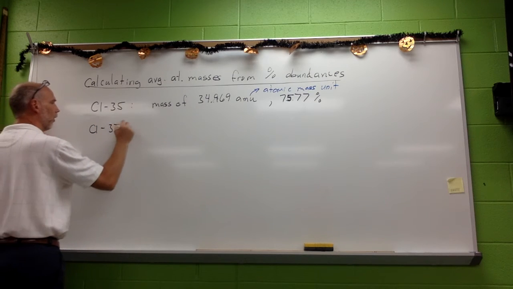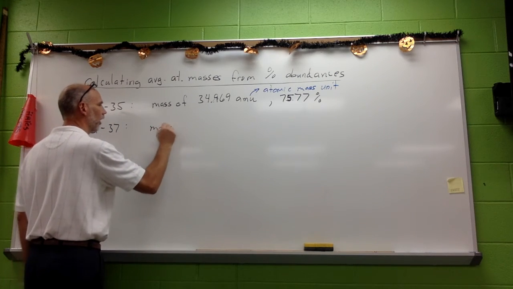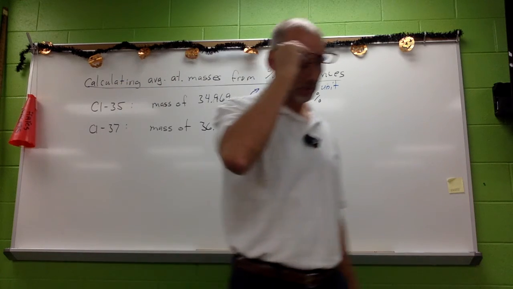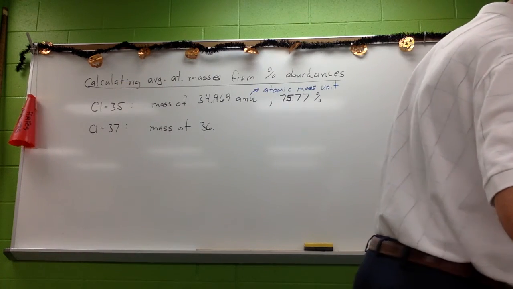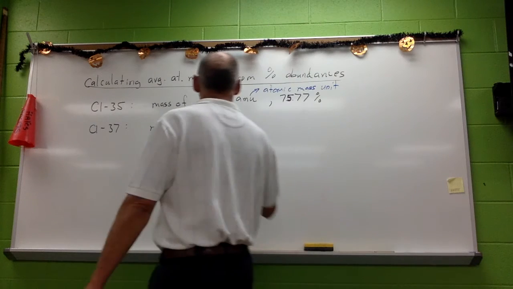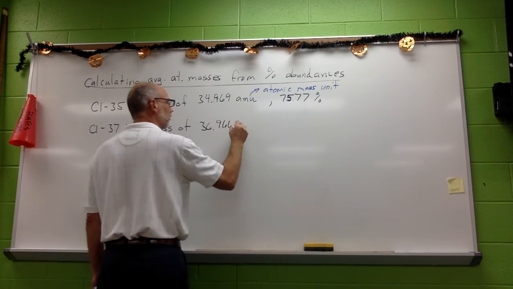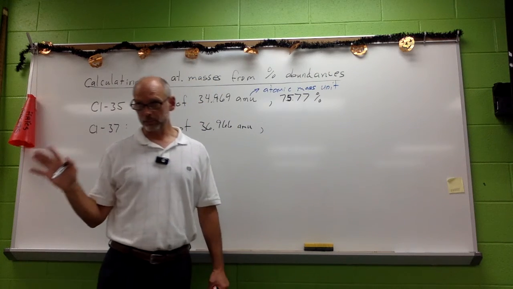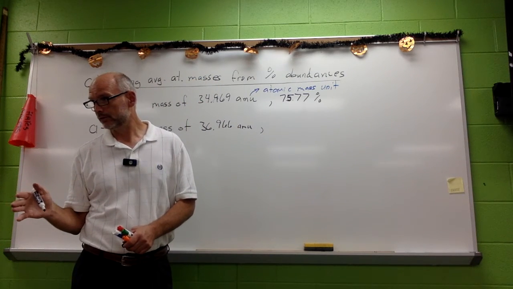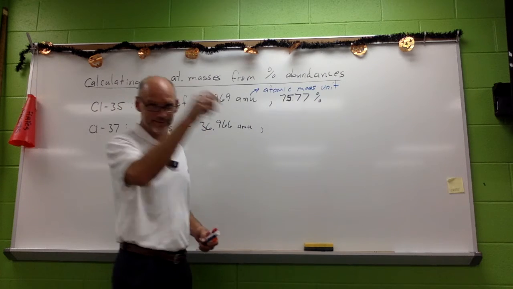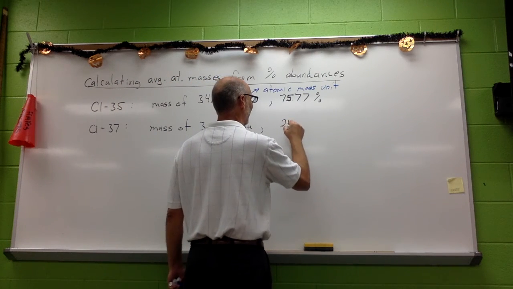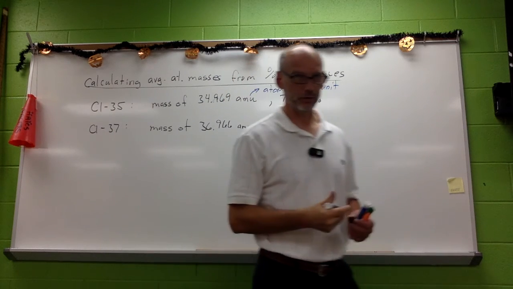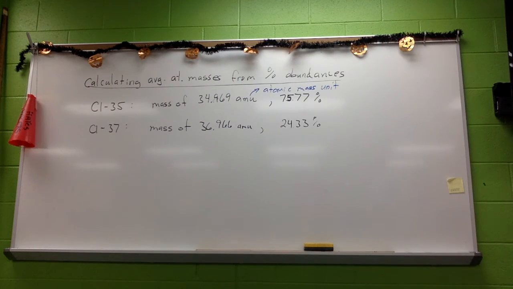Chlorine 37, on the other hand, has a mass of 36.966 and has a percent abundance of, because there's only two isotopes, that's relatively easy to figure out. 24.23, my bad.